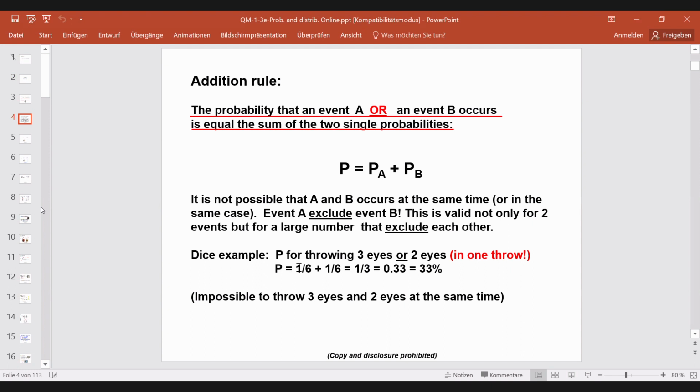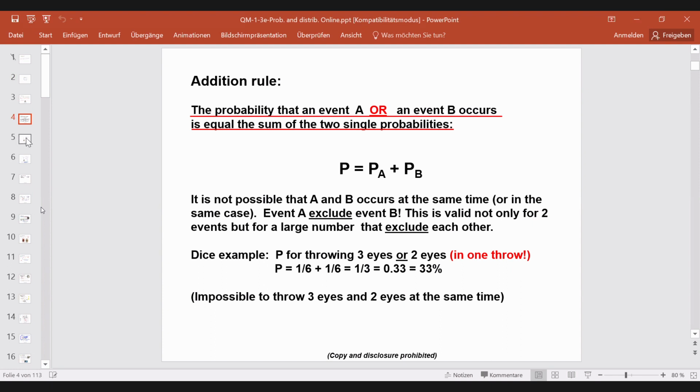So the probability for throwing 3 eyes is 1 to 6, and the probability for throwing 2 eyes in one throw is also 1 to 6. Now the probability to throw 3 eyes or 2 eyes is the addition rule, the addition of the single probabilities. The result is 33%.